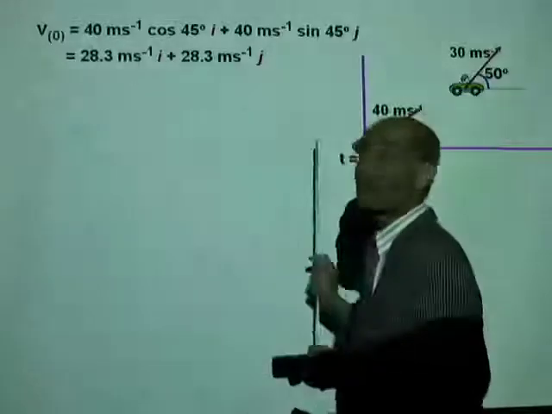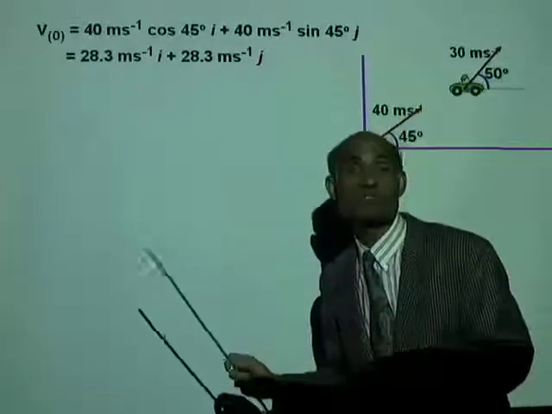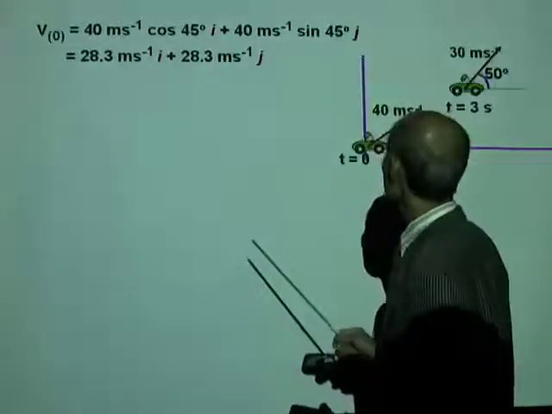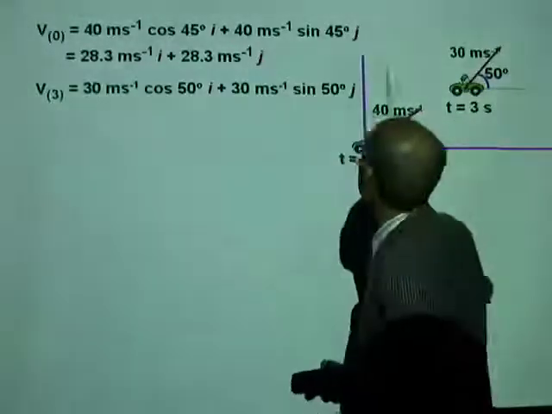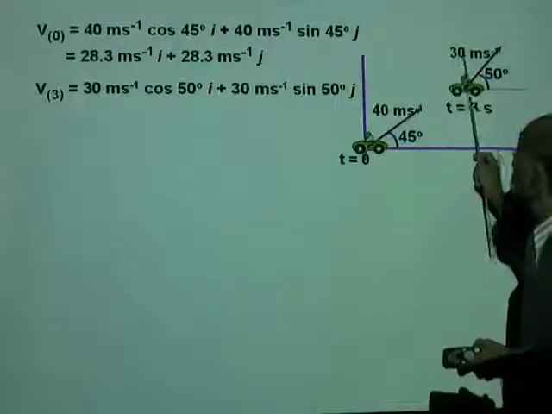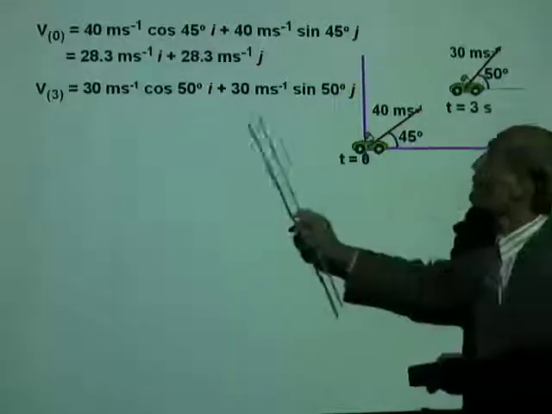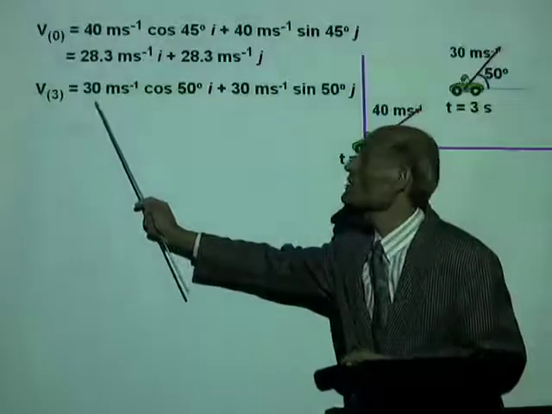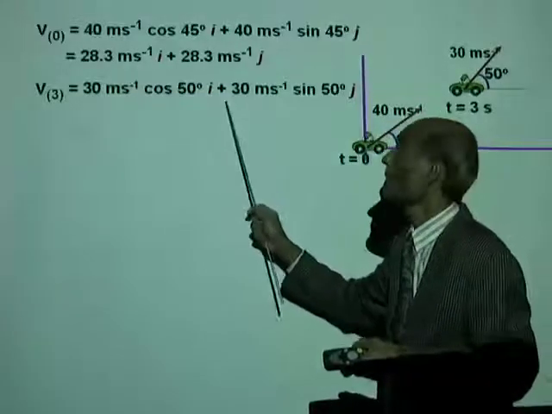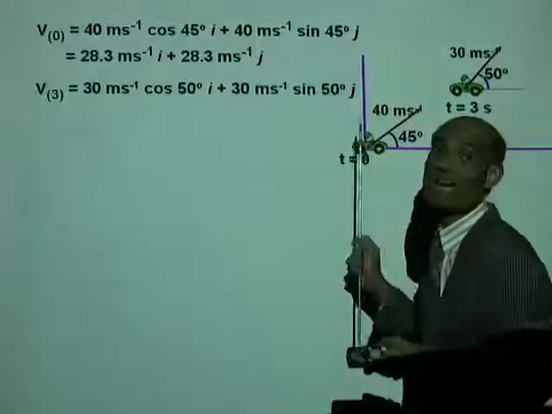Well, that is the velocity at the origin. Now, what is the velocity at t equal to 3 seconds? Or we can call it v of 3. Is that right? Yes. V of 3 is at t equal to 3 seconds. Its velocity is 30 meter per second at an angle 50 degrees. Therefore, the velocity is 30 meter per second cos 50 degrees i plus 30 meter per second sine 50 degrees j.